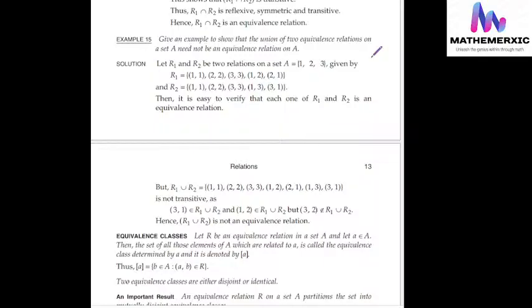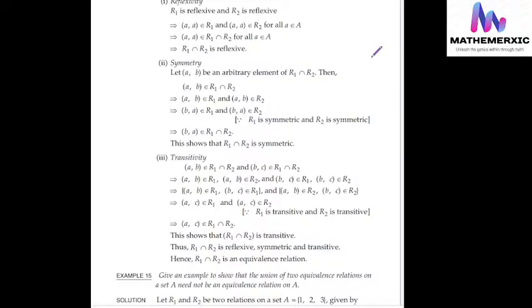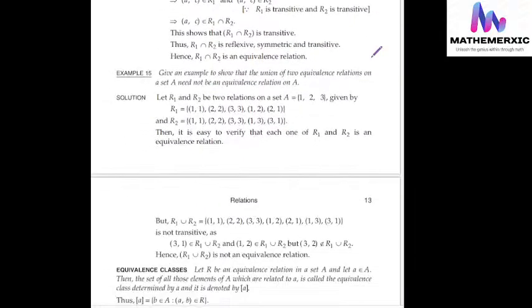So here we can say that R1 and R2 are equivalence relations, so obviously they follow all the conditions, that is transitive, symmetric, and reflexive. But the union of both fails.